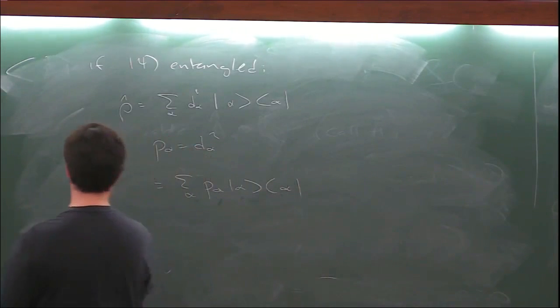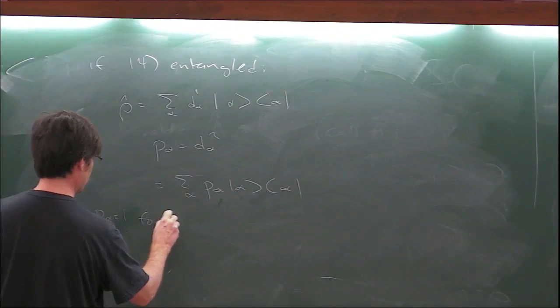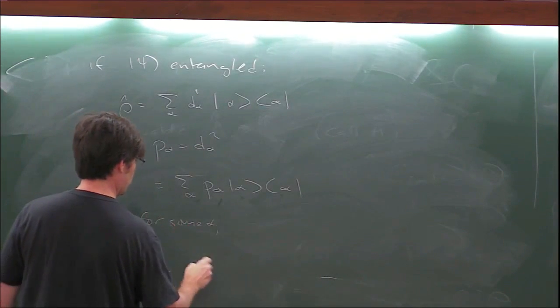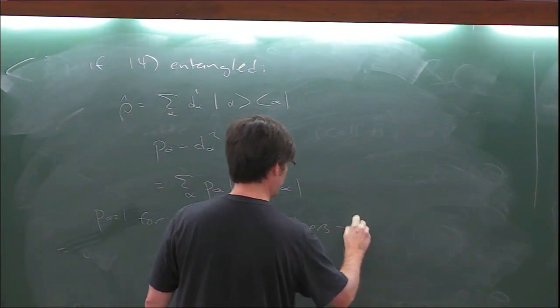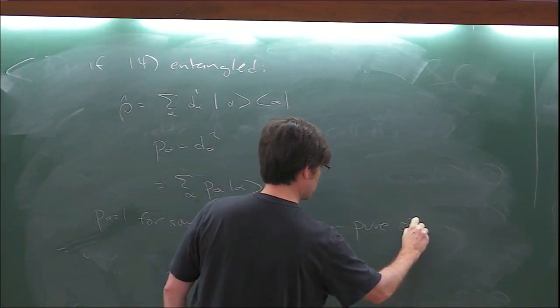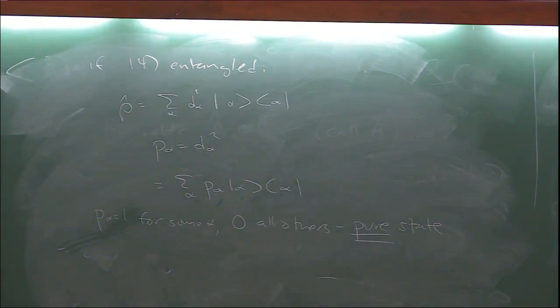And so if, say, p alpha is equal to 1 for some alpha and 0 for all others, this is called a pure state. And when you get a reduced density matrix, you will get a pure state whenever I start with an unentangled state in the full Hilbert space.